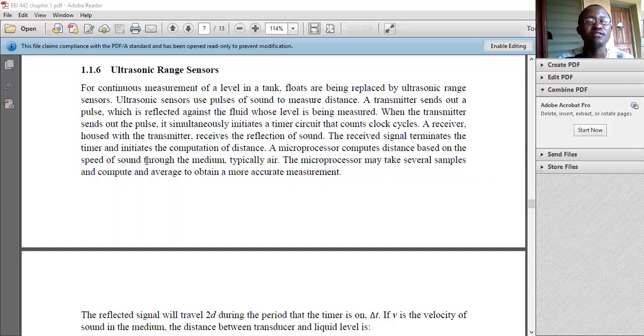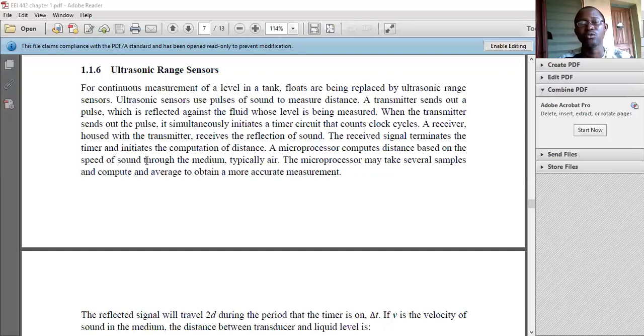So the receiver receives the reflected signal, that is the sound signal that is reflected back from the surface of the liquid. Immediately the received signal enters, the timer is terminated, and then the computation of distance is initiated. A microprocessor will compute the distance based on the speed of sound through the medium, which is typically air.